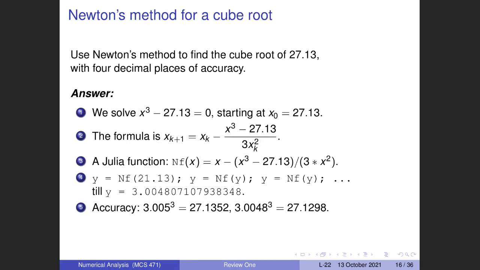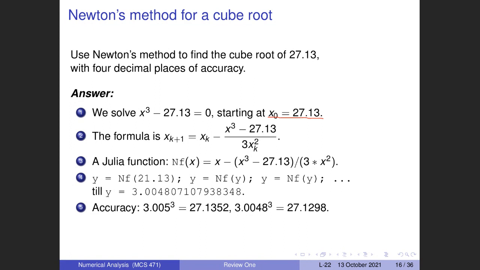All right, the first important step is to know that we are solving a cube root. We have a symbol for that, but actually there is no cube root function, so you have to do this with an equation solver. And the other issue is where do you start?